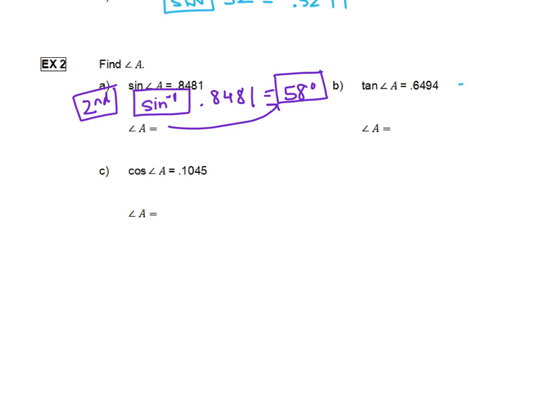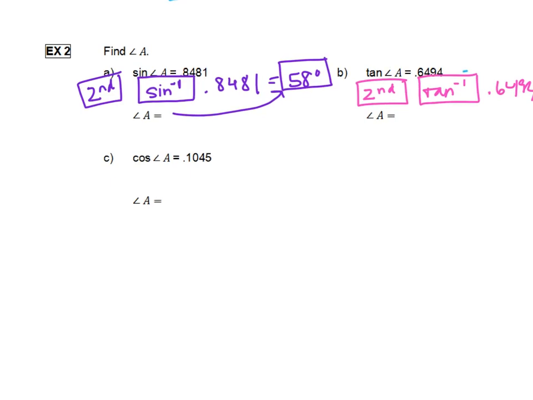I want to make sure you guys know how to use your calculators before you come to class. All right, so tangent of angle A. Again, on this, same idea, you're going to do the second button and then find that inverse tangent with that -1. It's going to be your tangent button. Type in 0.6494.